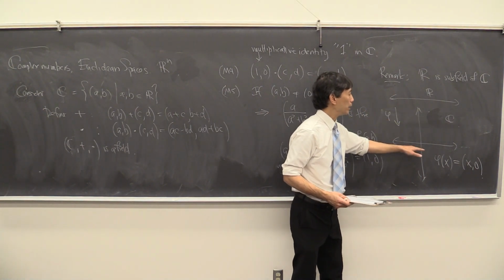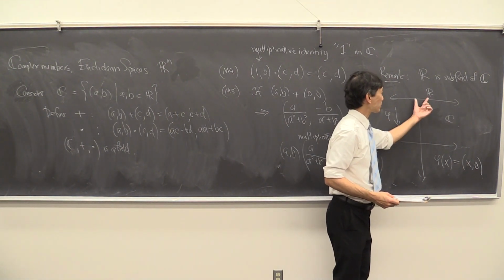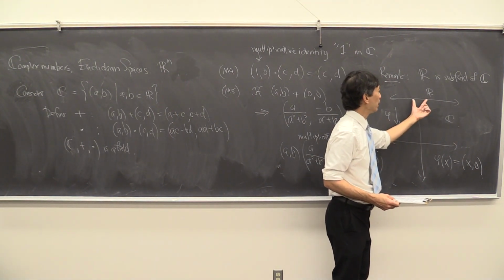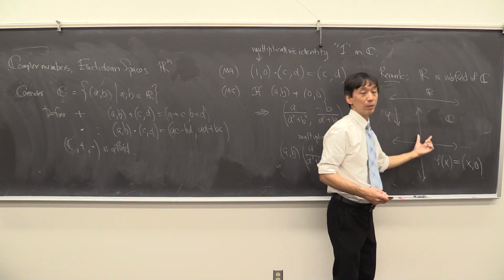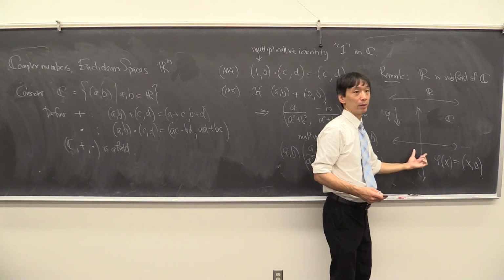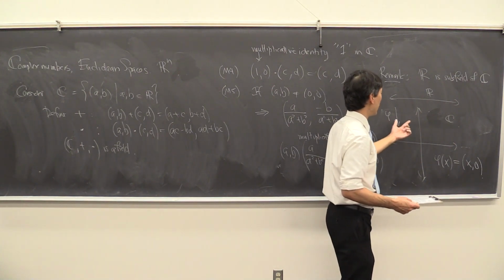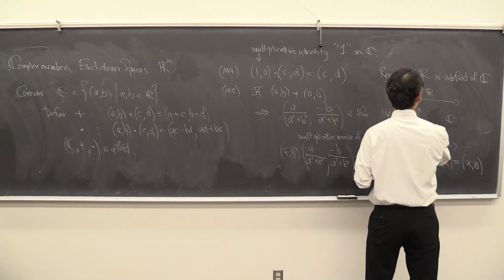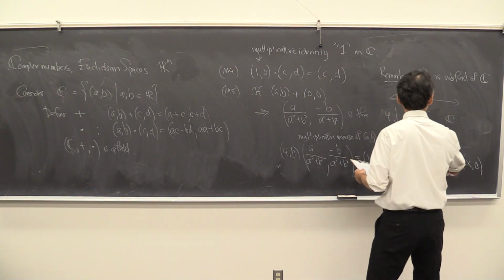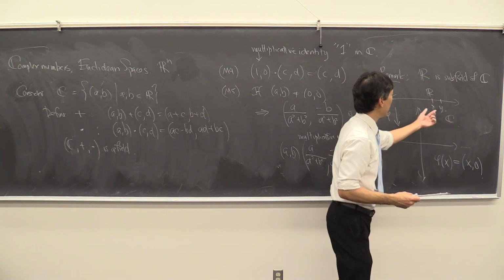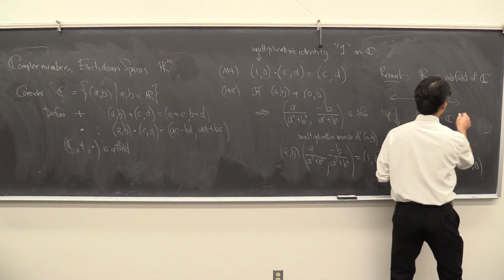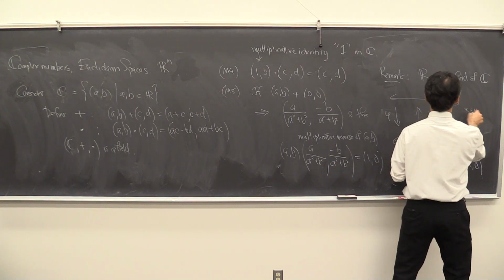Then it turns out that the multiplication of x matches with the multiplication of C. You notice that if I take x and y here, and I add them together, of course I get x plus y, right?